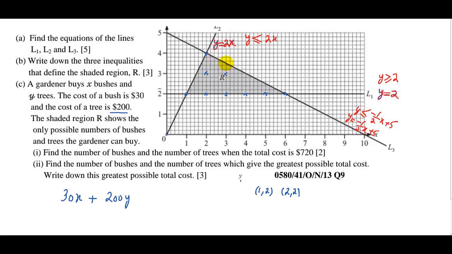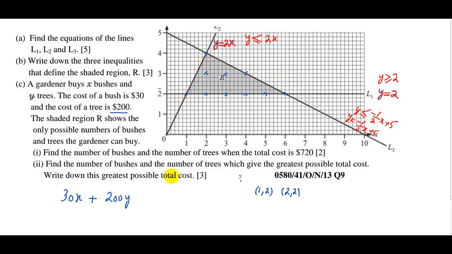This is 3 point something, so we will ignore this. And this one, 4, 2.8, no. And this point, yes, which is 4, 3. So I think there are no more points where x and y are both whole numbers.